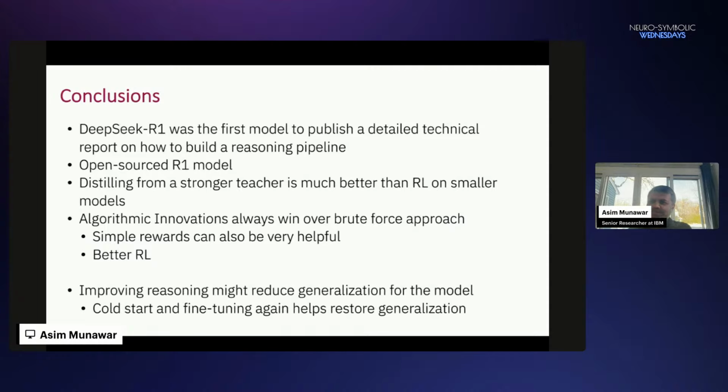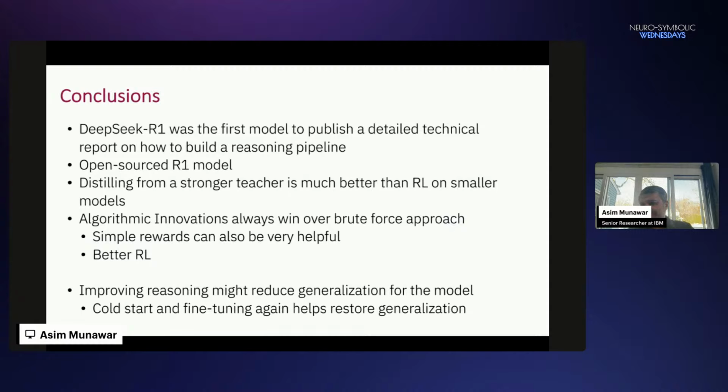DeepSeek R1 got a lot of hype because it was the first model to publish details of how the reasoning pipeline works, or how you can build your own reasoning pipeline. We know for a fact that some of even the big players in the industry started making war rooms to replicate what DeepSeek R1 has done. So it was a big thing. It still is.